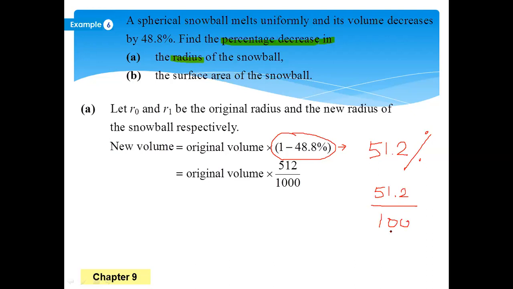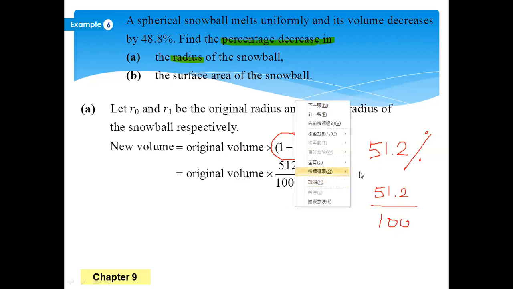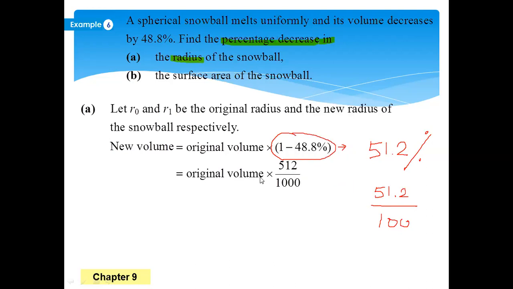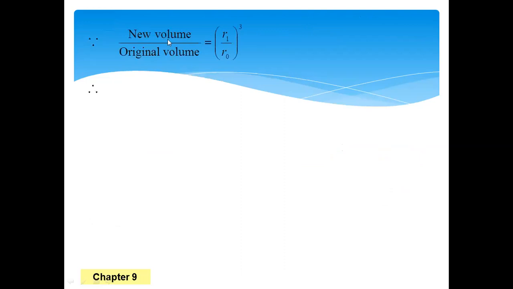Then multiply by 10 on both. So you have this value. And finally, you put the original volume to the left, so you have the ratio of volume. Remember this fraction, so you can find the percentage decrease.